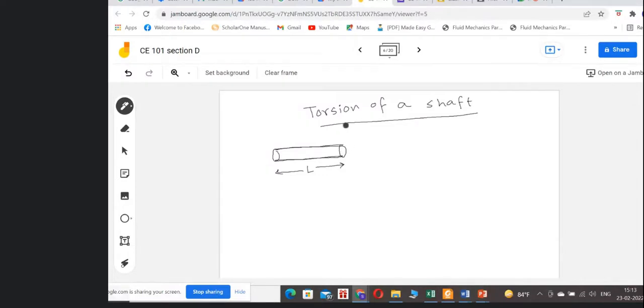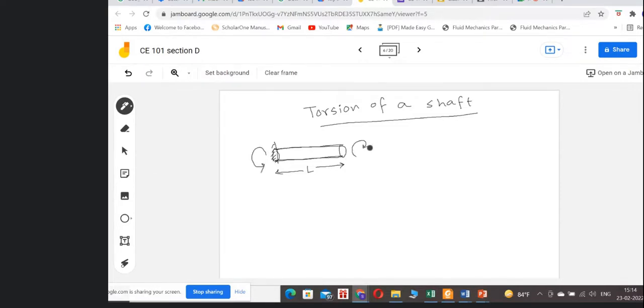And torsion means that this shaft is acted on by some twisting moment, say in this direction, anti-clockwise. If this portion is fixed to a fixed end, the reacting moment will act in the opposite direction.